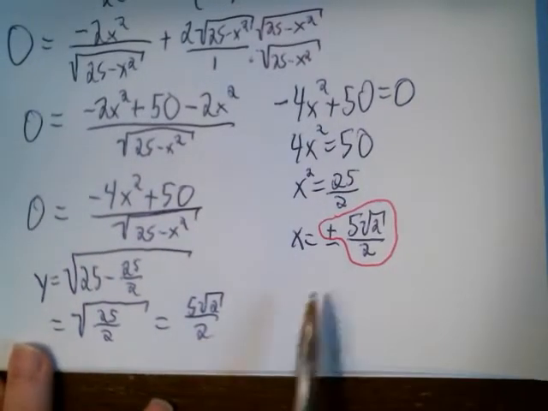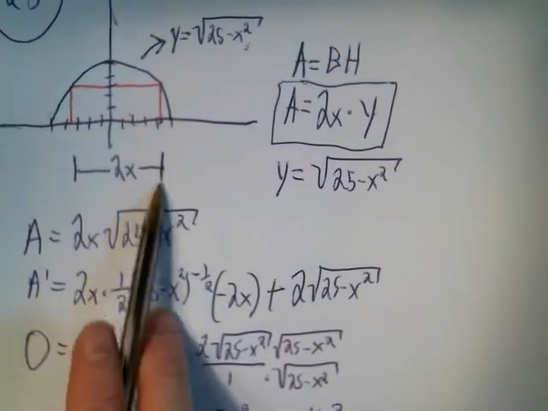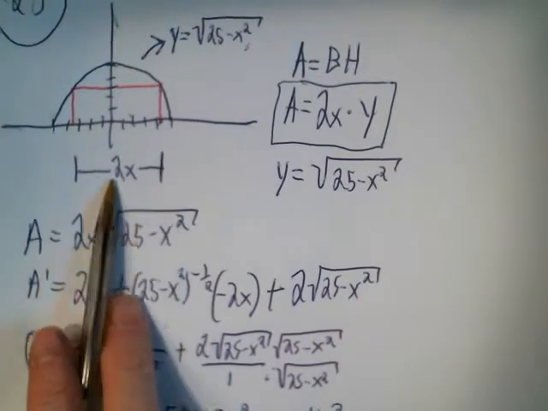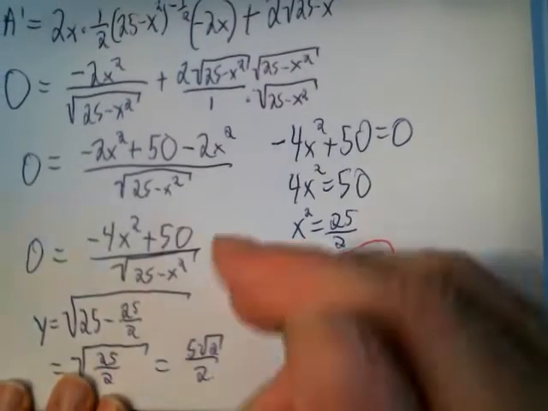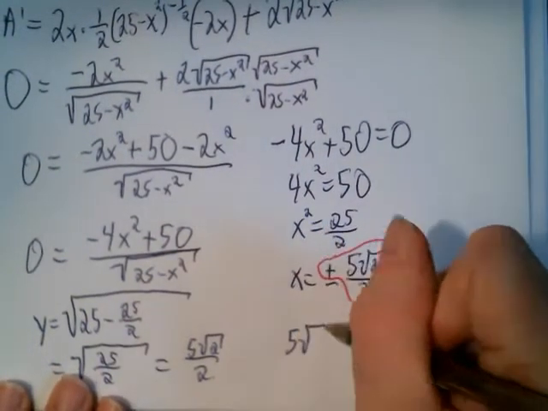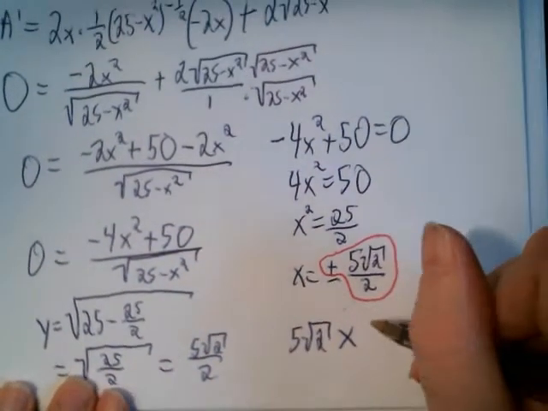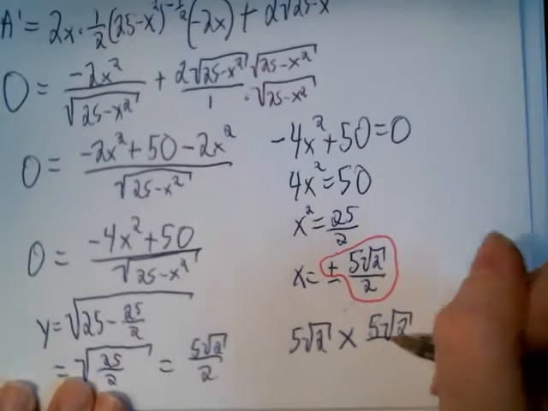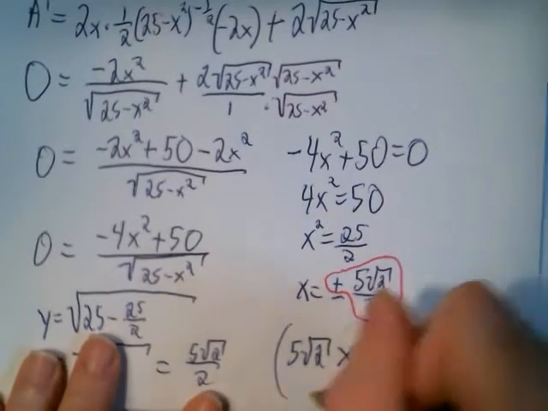But it's not 5 root 2 over 2 by 5 root 2 over 2. Remember, this dimension here is actually 2 times the base. So our answer will be 2 times this. In other words, 5 root 2 by the height value here, 5 root 2 over 2. Units, whatever the units. I think the units are feet.